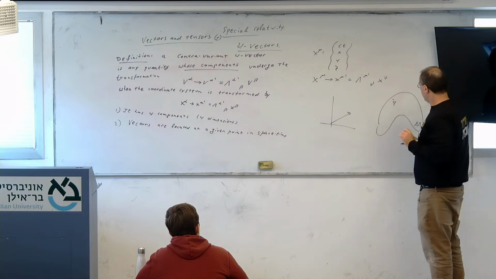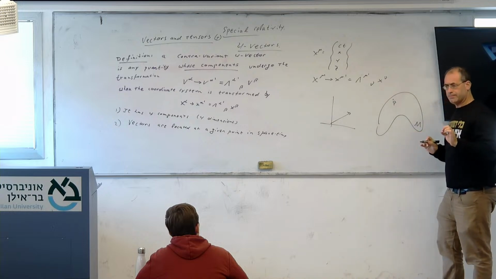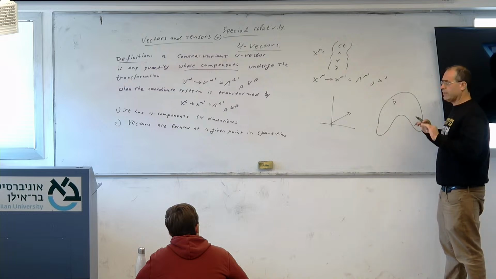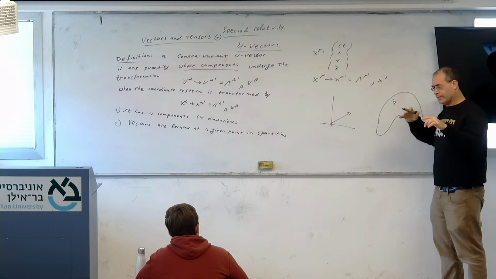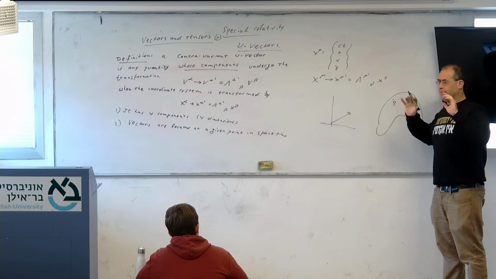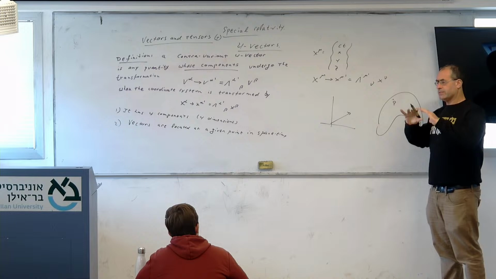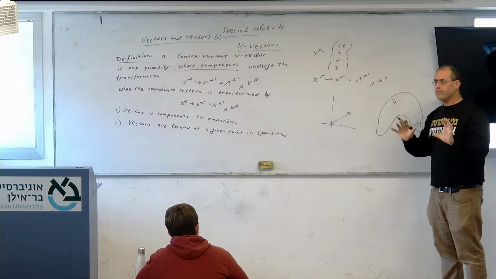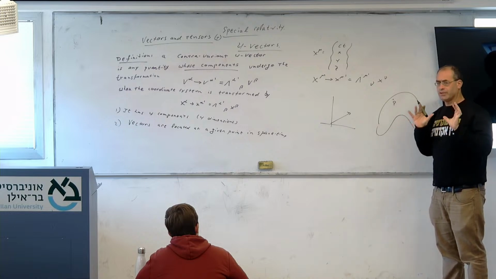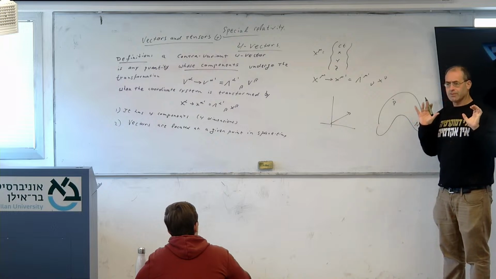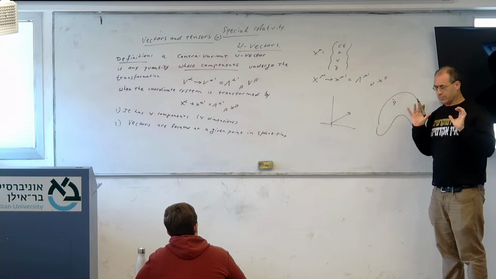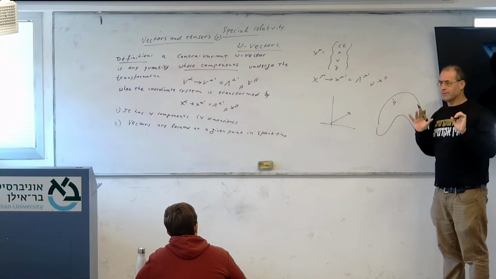Okay, I'll give you a hand-waving definition of what a manifold is. We'll talk about it more later. Right now, a manifold is a space that locally looks Euclidean, but globally it is not.